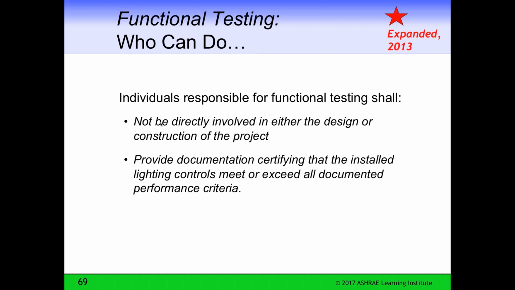They can be down the hall in the same firm, but they can't individually be involved in the design or construction. And the person doing the functional testing must provide documentation certifying that the installed controls meet or exceed all the documented performance criteria. So it's an interesting mid-ground of independence on who can do the functional testing.